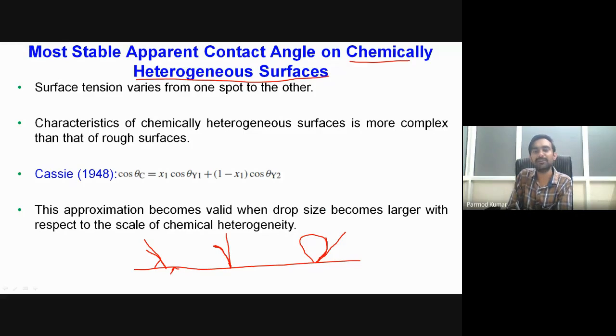So particularly what happens in these types of surfaces, the surface tension of the solid varies from one spot to another spot over the surface. Okay.